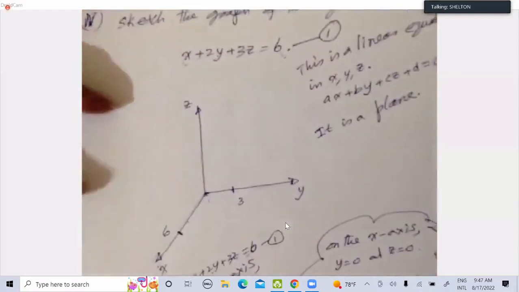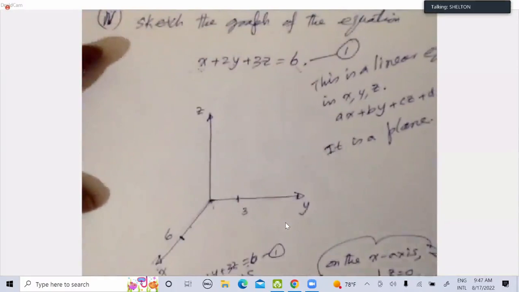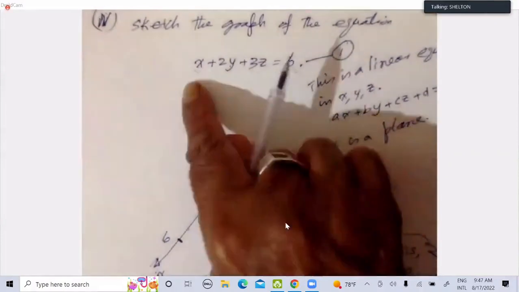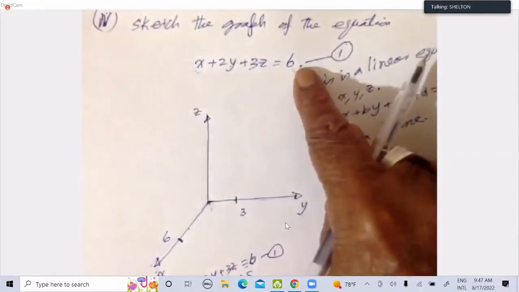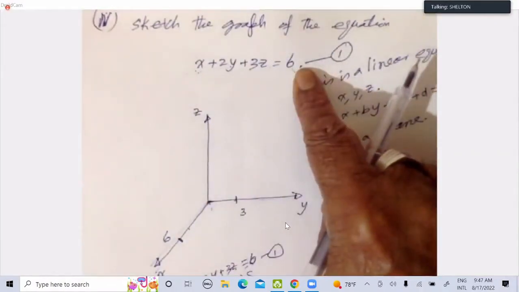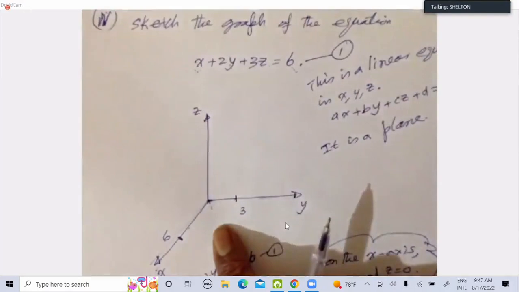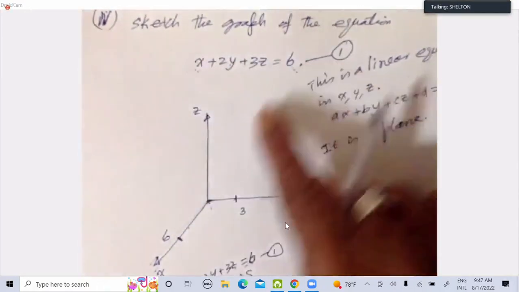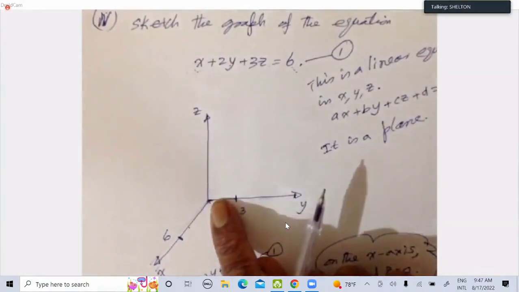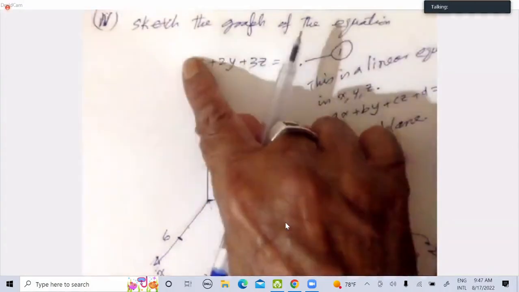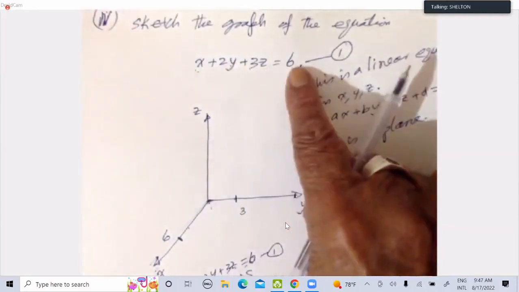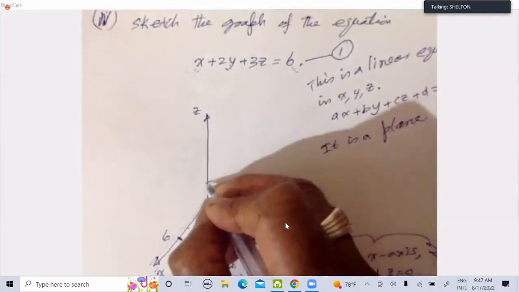Tell me, where does it cross the z-axis? At what point does this plane cut the z-axis? So I have to solve the z-axis and this equation. The z-axis is x equal to 0 and y equal to 0. Then we get 3z equals 6. Therefore, z is equal to 2.